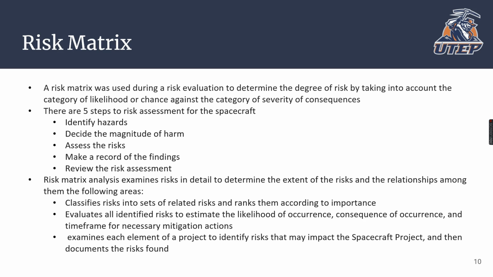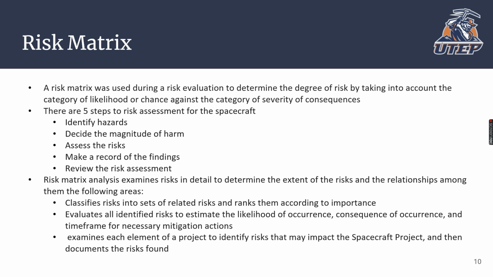There are 5 steps to assess the risk for the spacecraft: identify the hazards, decide whether the magnitude would be harmful, assess the risk, make a recording of the findings, and review the risk assessment.